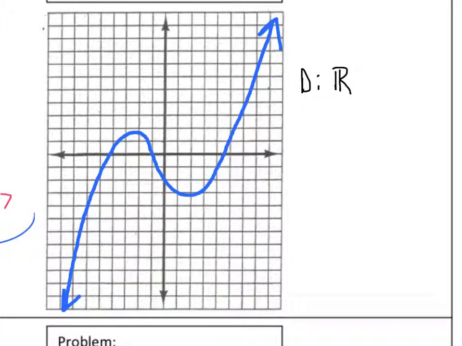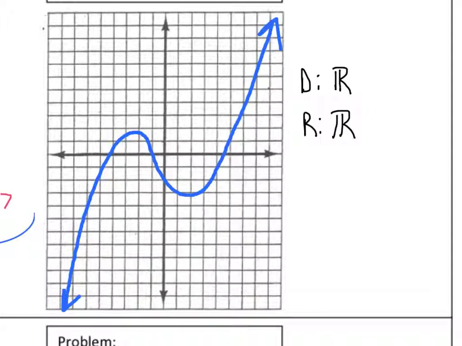Any questions on why it's all real numbers? No questions on why? Okay, that's good. How about the range? The range on this one's also going to be all real numbers. Okay, again, because it's both going up and down, right? So the range is all real numbers.